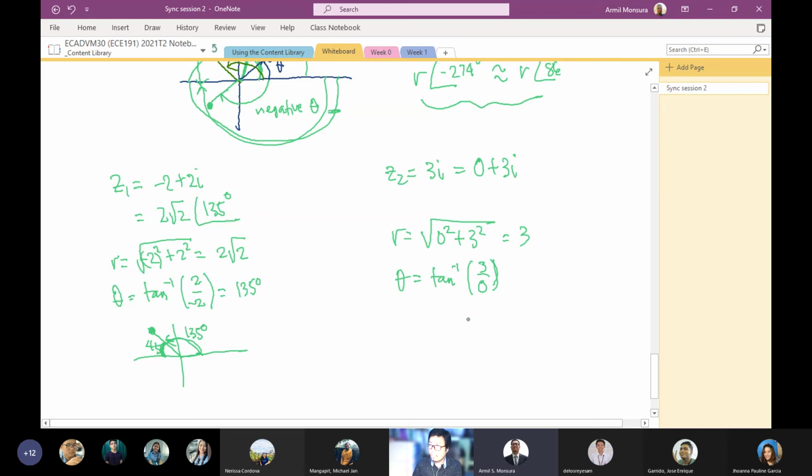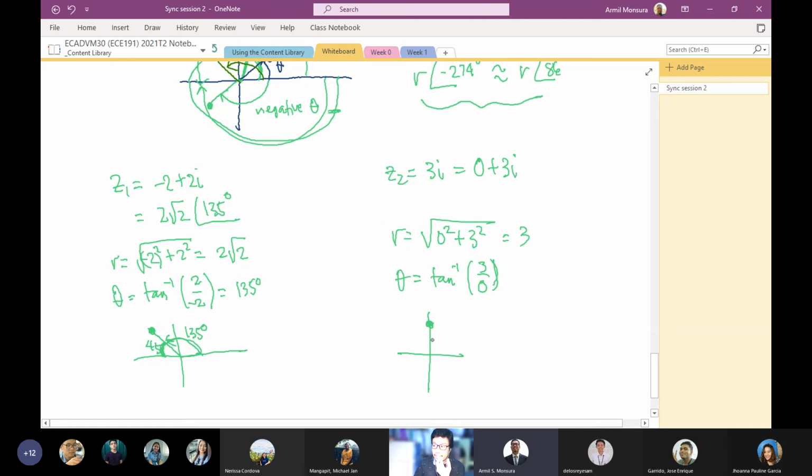Okay, so since this is 3 over 0, it means that your point is on the axis, specifically here. Kasi 3i yan eh. So kung ipa-plot mo yan, nandito siya. So that is why you don't really use the arctangent to compute. It's easier to actually plot it first para ma-visualize nyo kung nasan siya talaga.